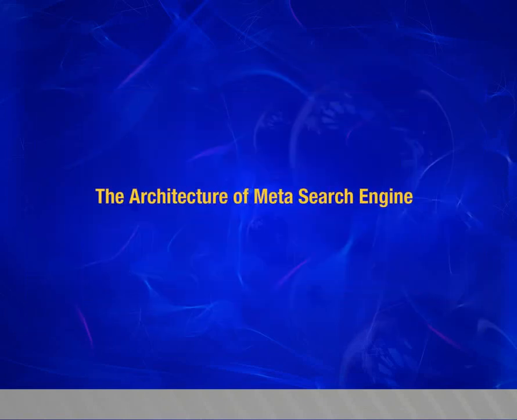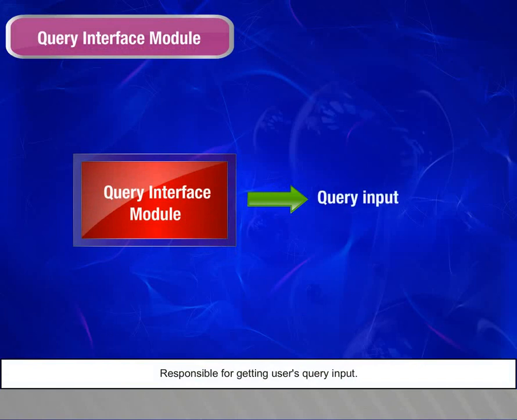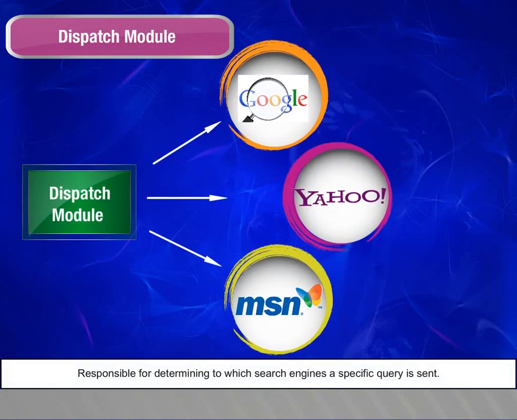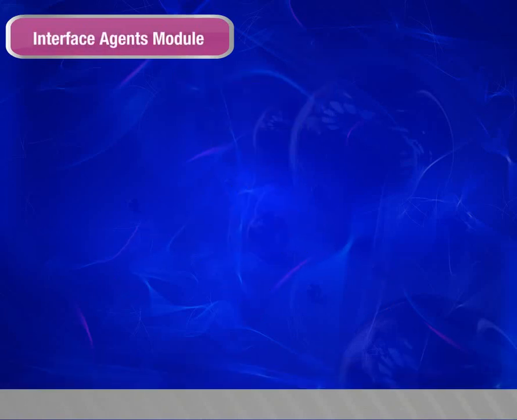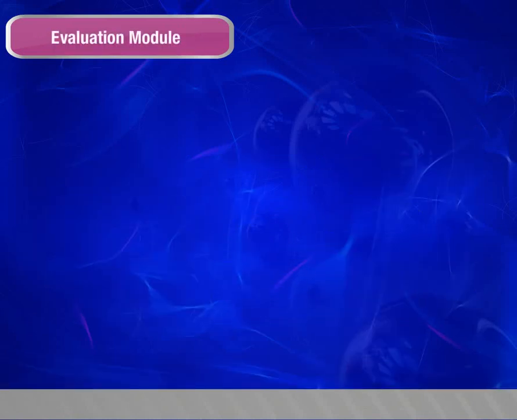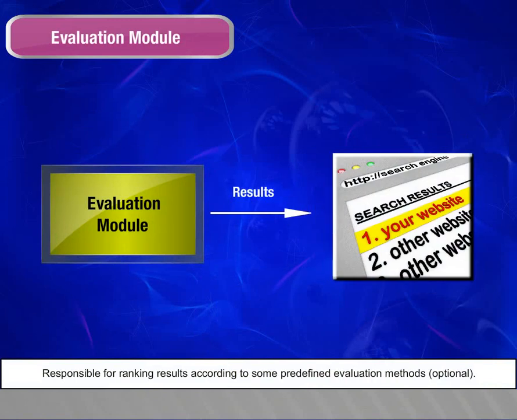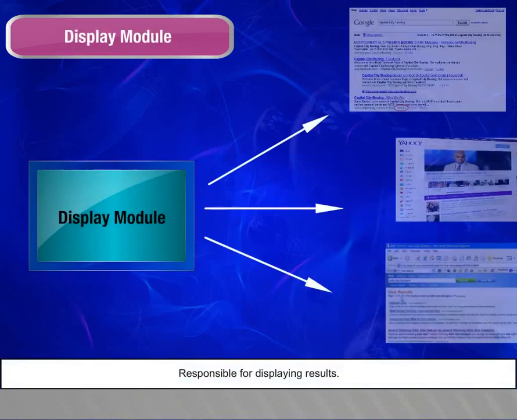Query interface module, responsible for getting users' query input; dispatch module, responsible for determining to which search engines a specific query is sent; a knowledge-based module, used by the dispatch module to perform decision making, which is optional; interface agents module, responsible for interacting with different search engines using different query formats; evaluation module, responsible for ranking results according to some predefined evaluation methods, which is optional; display module, responsible for displaying results.